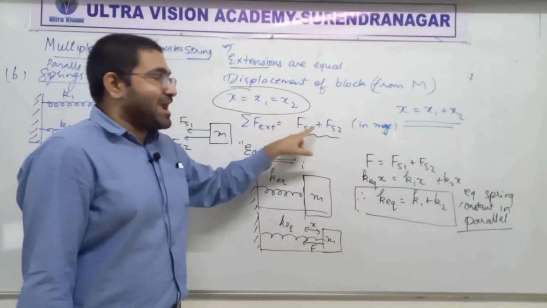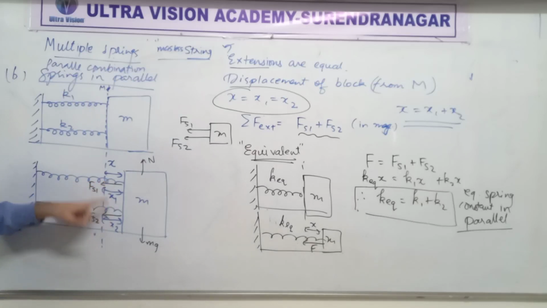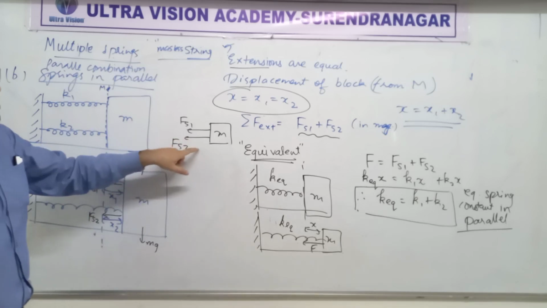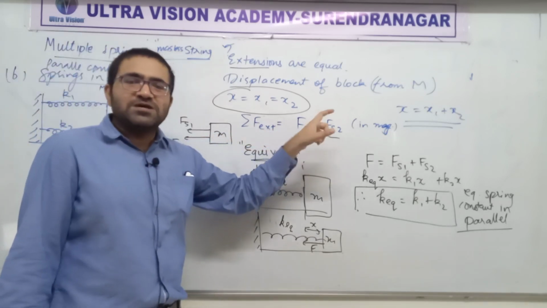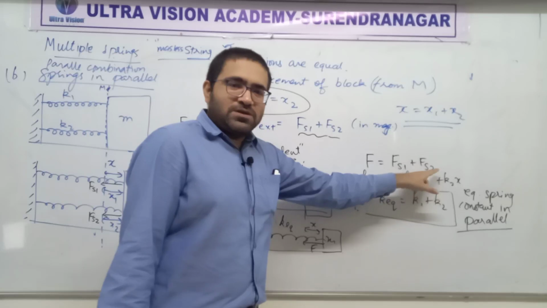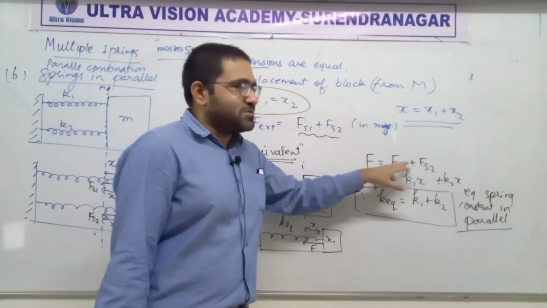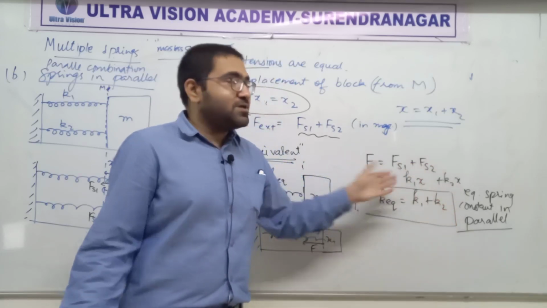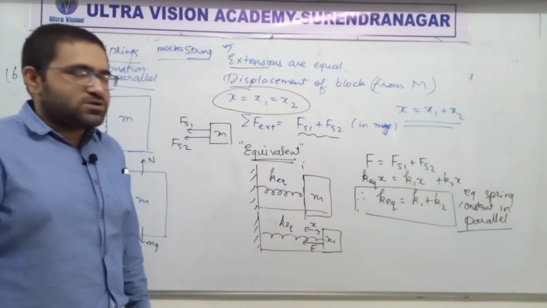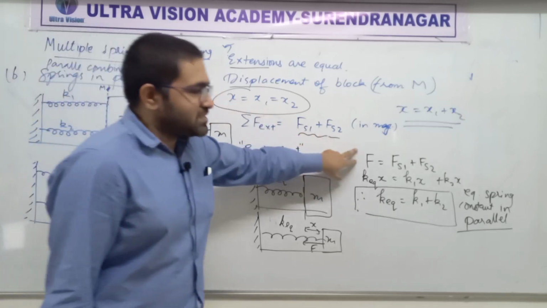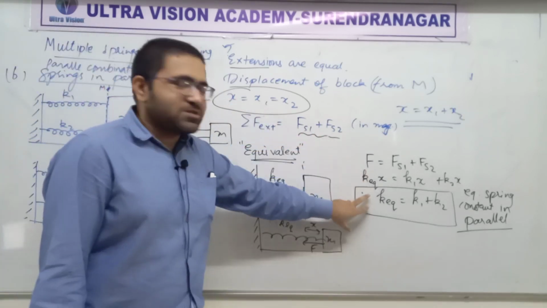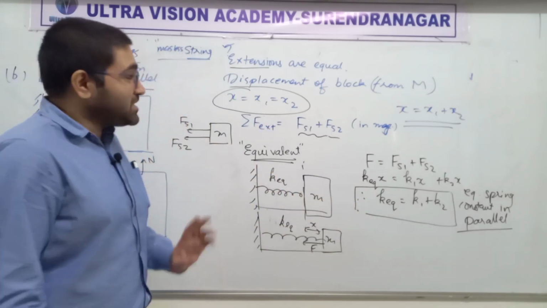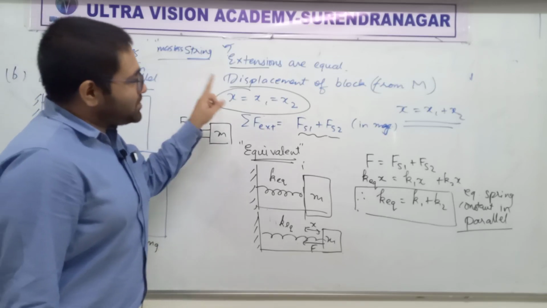But yes, forces are added. Why are forces added? Because two forces will now act on the block, so the total force is Fs1 plus Fs2. So you put this equation and then just put the spring constant relations, that is F equal to K into x for each. Got it? And you get this. Understood? So here extension is the same, forces are added. And this is the final formula. Compare that with series. It was all the other way around. In series, extensions were added.